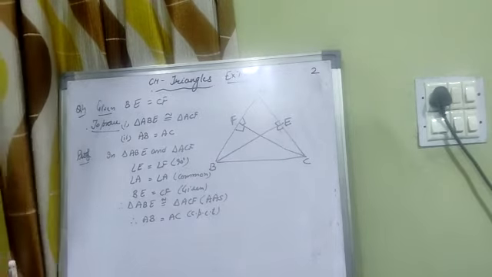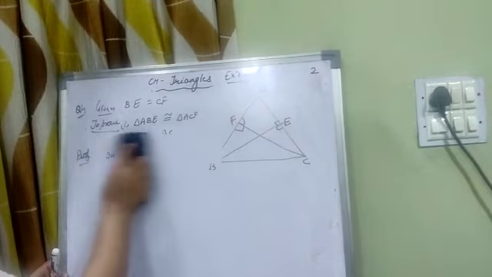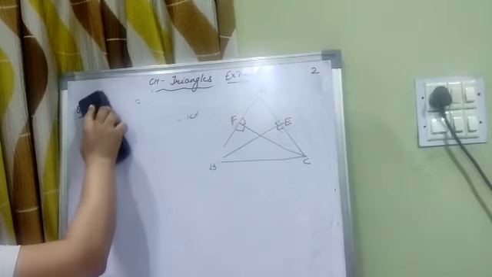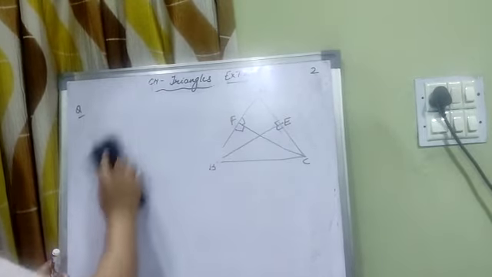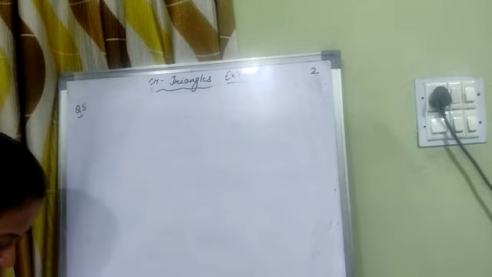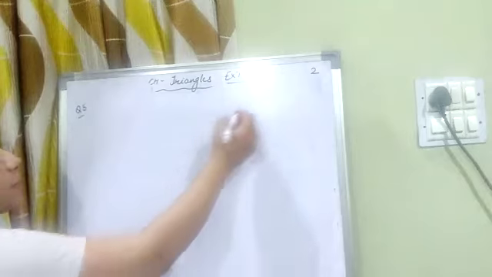Question number 5. Fifth question is ABC and DBC are two isosceles triangles on the same base BC.